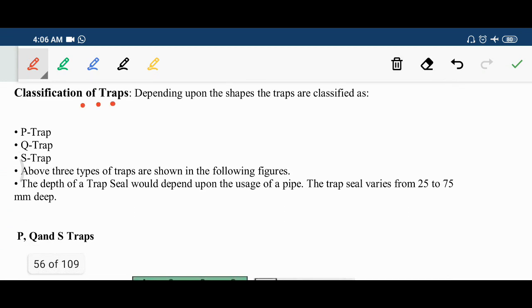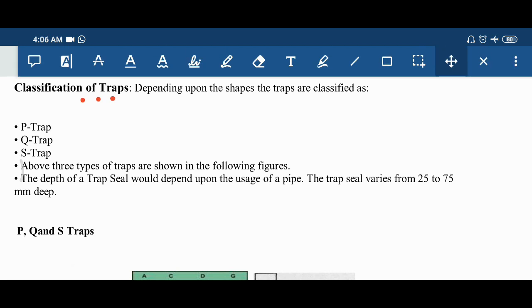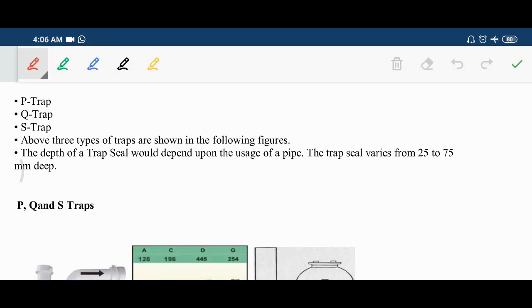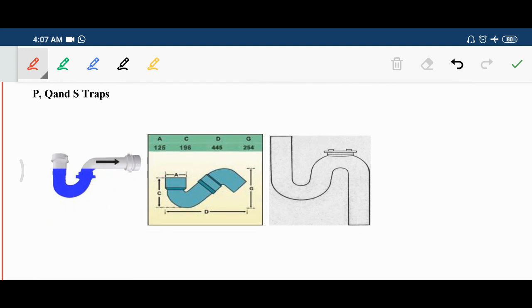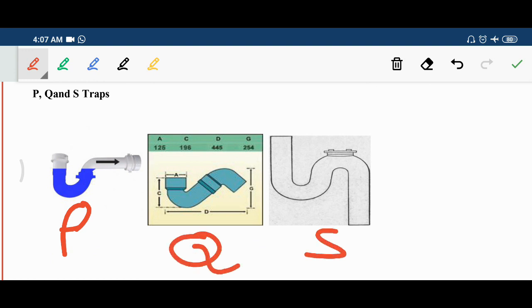This is the point you have to remember. It is classified based on shape, that is P, second one is Q and S. So this is P, Q and S trap.